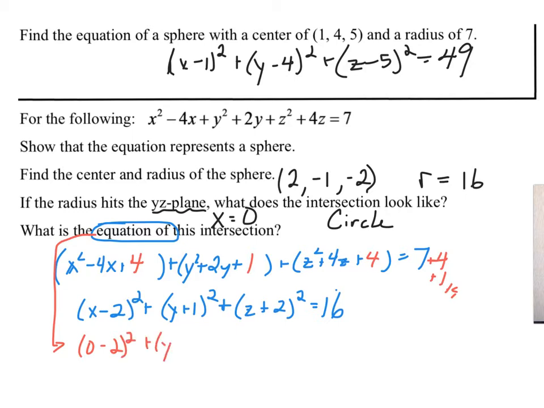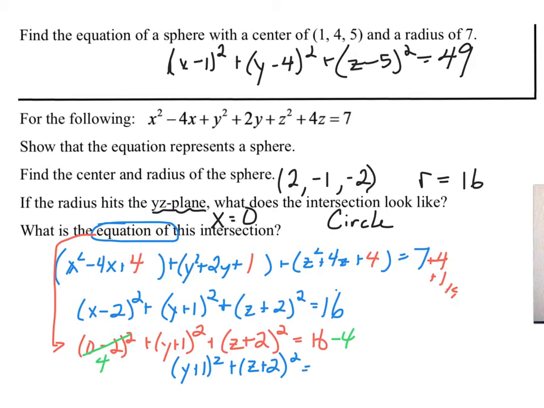Of course, the rest is the same. So we'd say, okay, so this negative 2 squared is 4. So let me subtract 4 over here. So my final equation will be y plus 1 squared plus z plus 2 squared equals 12.